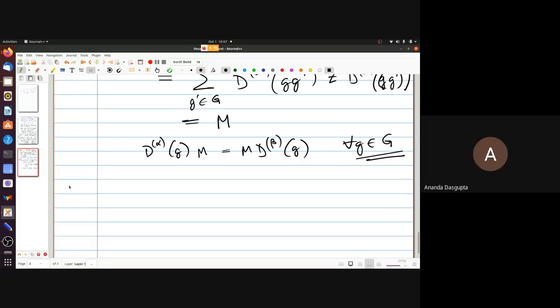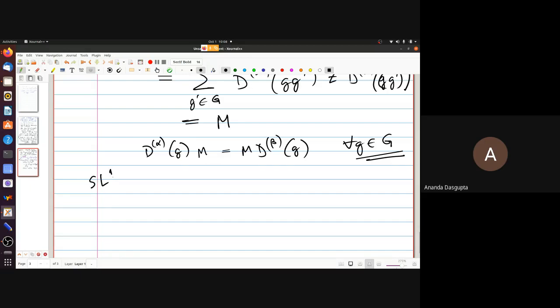Multiple of identity? No, we are not yet at the Schur's lemma 2 level. Not yet. 0 or invertible, that's right. So this is really Schur's lemma 1 right now.